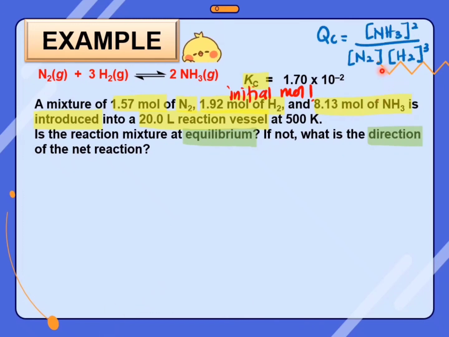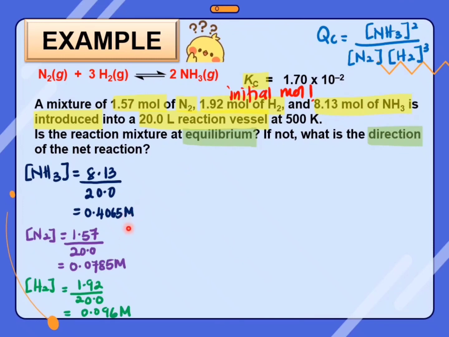This is the QC expression: the concentration of products divided by the concentration of reactants. Here we don't have any initial concentration, but we have the initial moles and also the volume. So with initial moles and volume, we can calculate the initial concentration of each reactant and product.